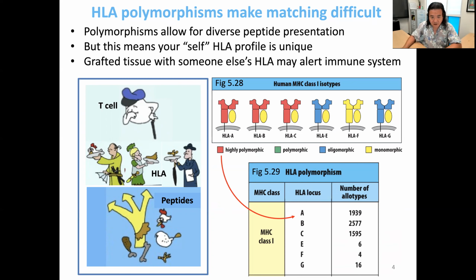So you recall one of my favorite cartoons. I use any excuse to show this cartoon. If the chicken represents a protein inside of the cell that gets taken apart, processed by the cell, whether this is a totally normal protein that belongs in the cell or not, maybe a protein that comes from a pathogen, the point is the cell takes it apart, and different peptide pieces of that protein, short, 10, 12, 15 amino acid parts of the protein, are presented on different MHC platforms made from different HLA proteins.